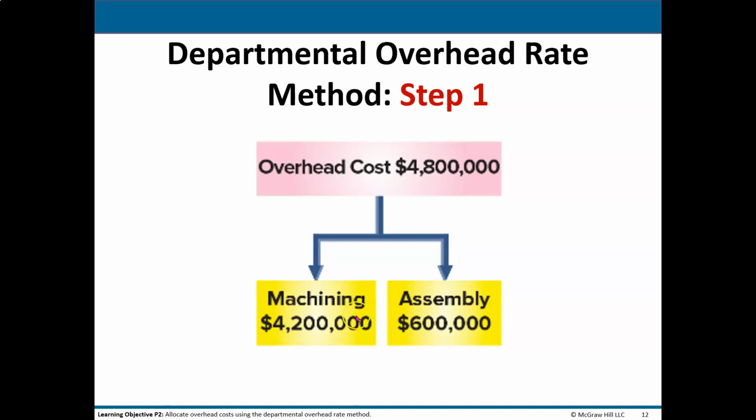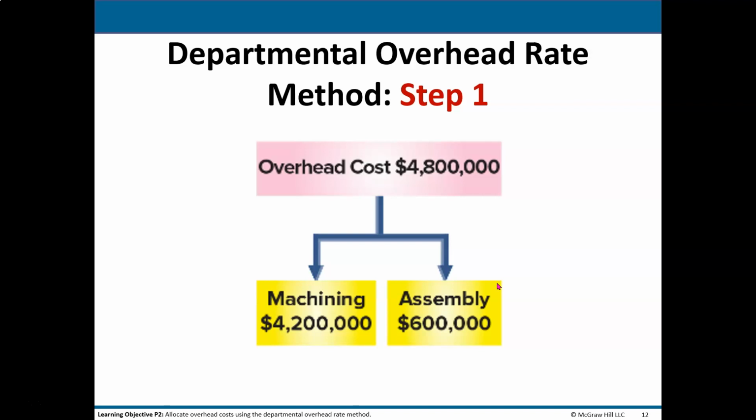And the remaining $600,000, we can trace that to the assembly department. So we're tracing them to the different departments now. We're not tracing them to the products yet because we can't trace them to the products. Why? Because there's no cost-effective method of doing it, which is the very definition of overhead.